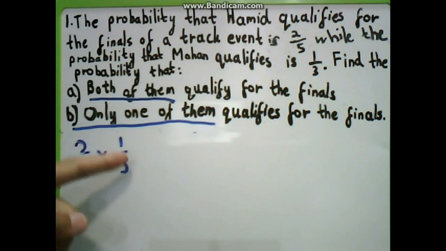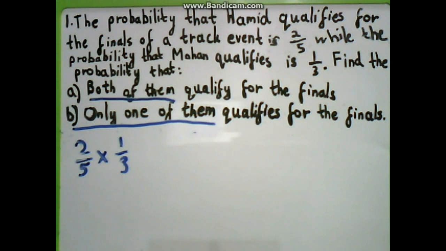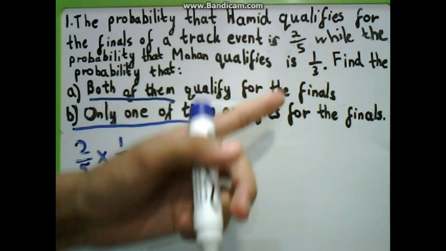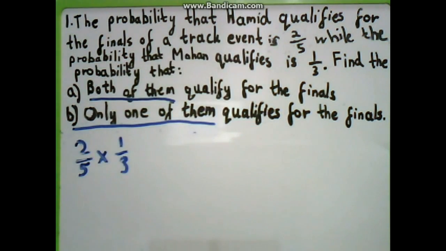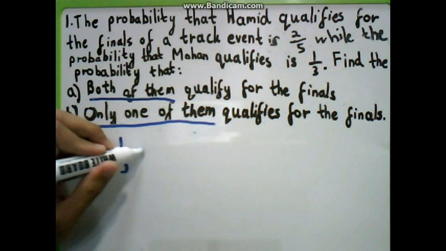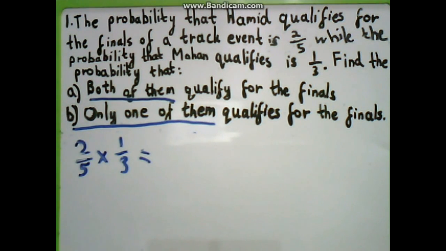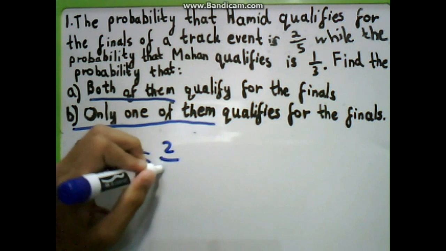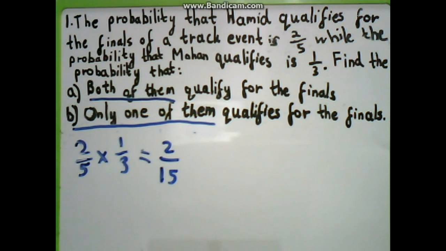All you have to do is find the probability that both of them qualify, because they want both of them. They don't want one of them, they don't want just Hamid or Mohan, they want both. So basically, the probability that Hamid can qualify and the probability that Mohan can qualify. So you just multiply it, and according to my calculator, 2/5 times 1/3, you shall get 2/15.